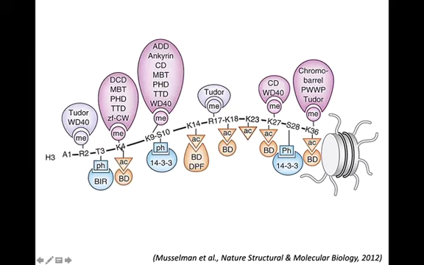Okay, so you can see, for example, let's take this one. The lysine on position 4 in the histone tail can be methylated and can be acetylated as well. But once any of these domains binds to the methylated lysine 4, it will promote the expression or the blocking, the switching off, of certain genes. While if the BD domain binds to the acetylated version of this lysine, it will promote the regulation of other genes.